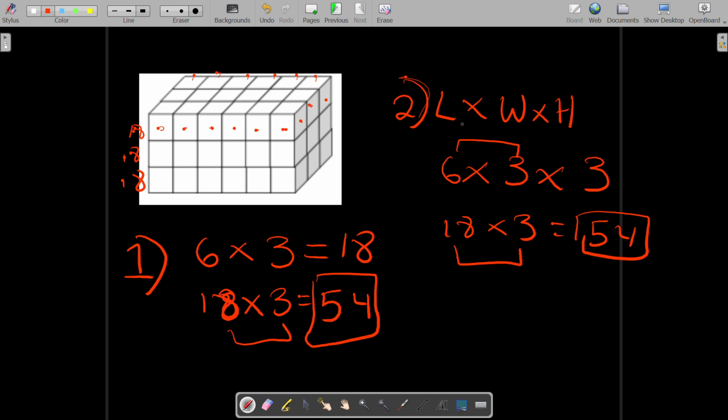This method is basically the volume method because, to find the base area, we just have to do length times width. And then after we find the length times width, we get a number, and then we just have to multiply it by the height. So both of these methods are derived from the volume formula right here.